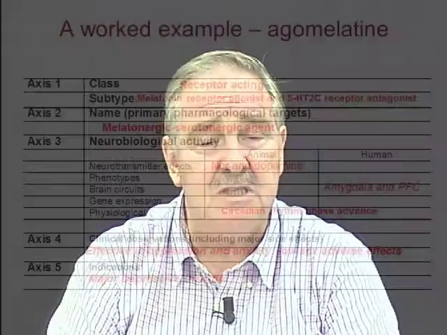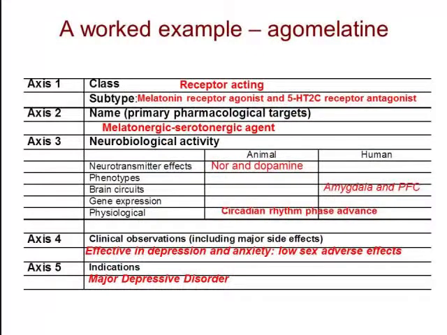So the name, primary pharmacological targets, we're going to call it something like a melatonergic serotonergic agent, or possibly a melatonergic 5-HT2C receptor agent. Some terminology like that. We've not finalized this yet because this is very much a work in progress, but this gives you a flavor of the way we're thinking.